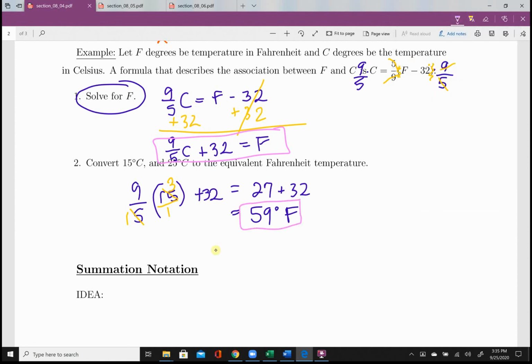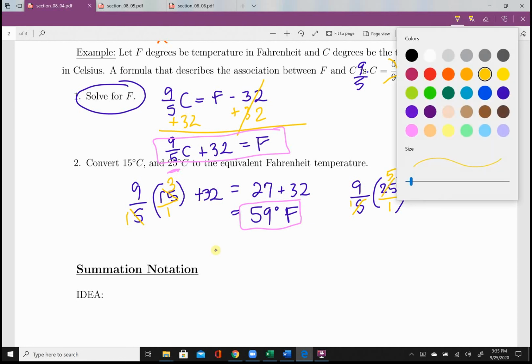Let's do this one more time, but with 25. So again, 9/5. This time the thing I'm plugging in is 25, plus 32. Just like I did with the previous one, I'm going to put that 25 over a 1, and that makes the slashing super clear. 5 divides itself the once, it divides 25 5 times.